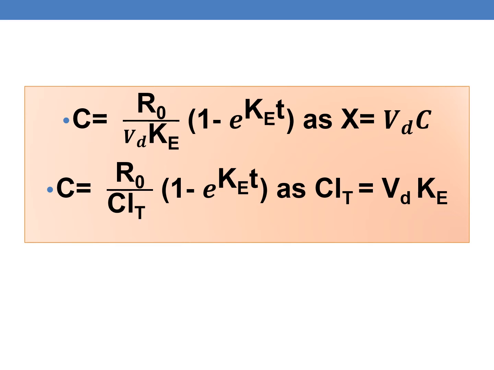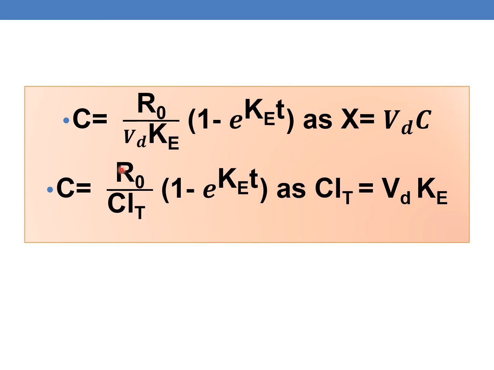So C = R0/(Vd × Ke) (1 - e^(-Ket)), because X = Vd × C.